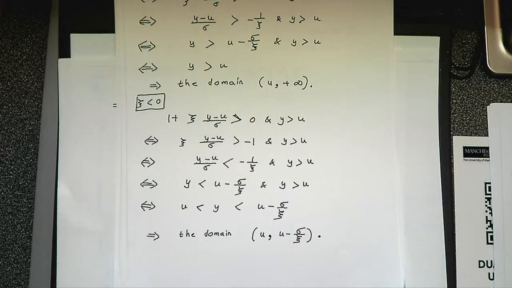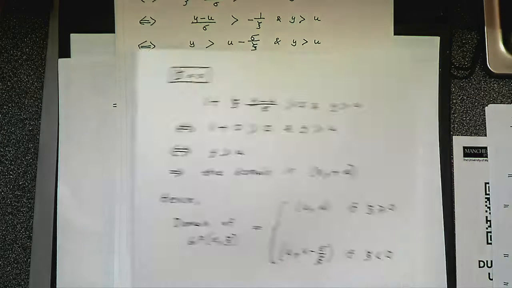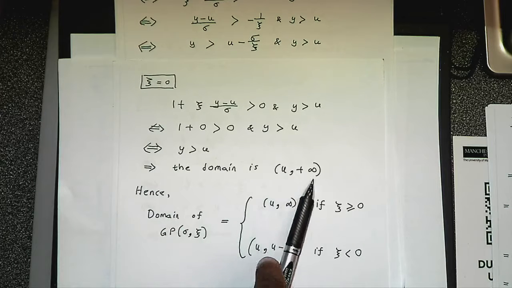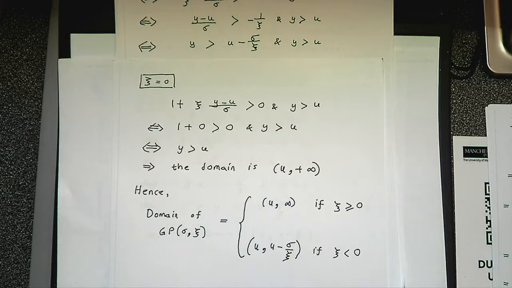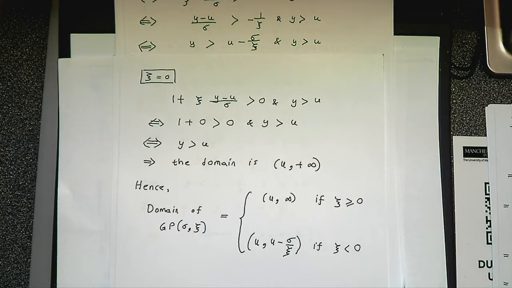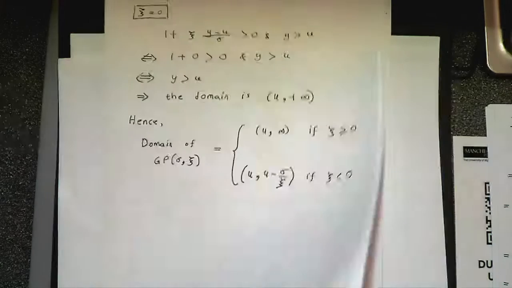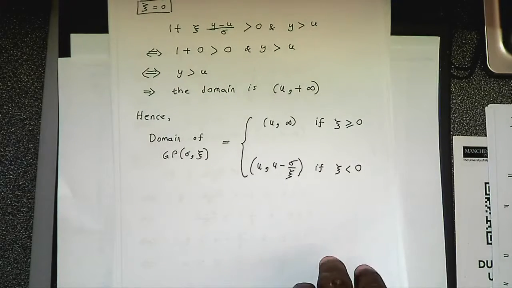And if psi is 0, then the domain is this. So in summary, the domain can take one of these forms depending on the shape parameter, non-negative or negative. Sorry guys. All right, so that's about the domain.